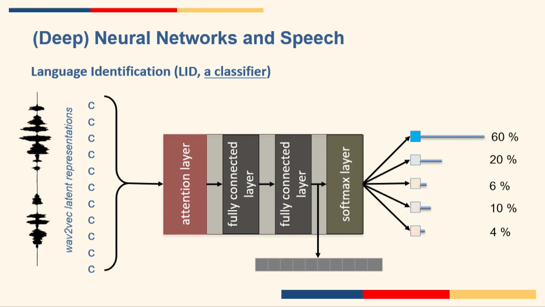The summarization is done by the attention layer. We don't have to worry how it works, but it's trained to know where to look. This is the summarizer, essentially. It summarizes the sequence of vectors into one vector in the manner which is relevant for its task, which is to spot differences among the languages.